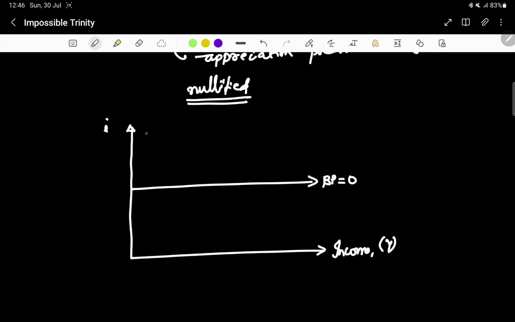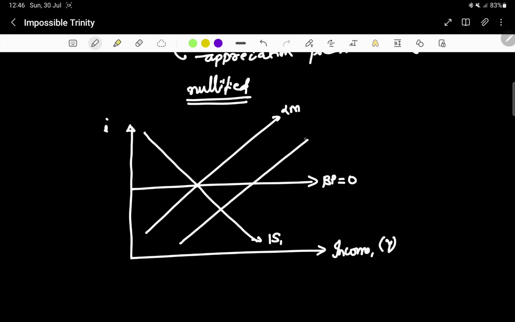Now using the IS-LM framework, I assume you know about IS-LM, this will be your LM curve and this will be your IS curve. Suppose with an increase in money supply in your economy, your LM curve shifts from LM1 to LM2. So the first step is that your money supply has increased, and this was where the domestic rate equalled the foreign rate.